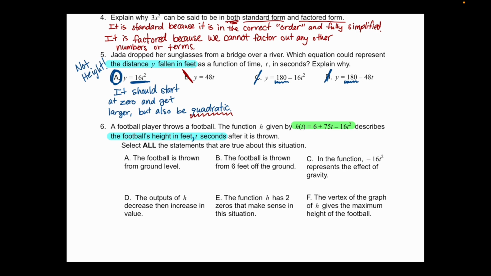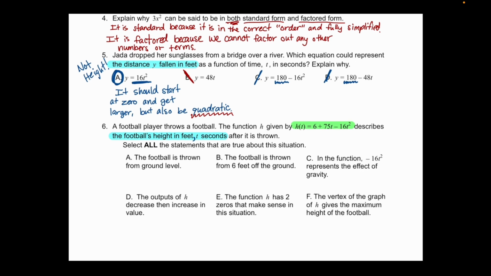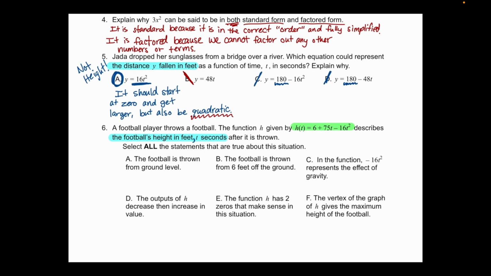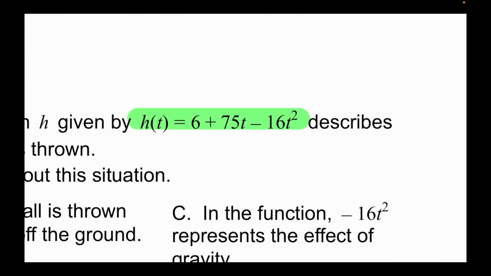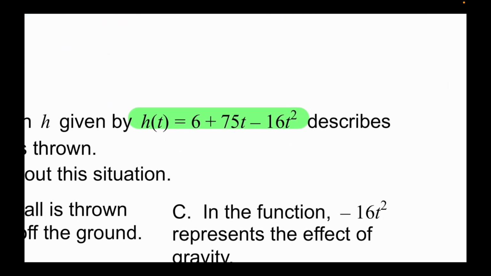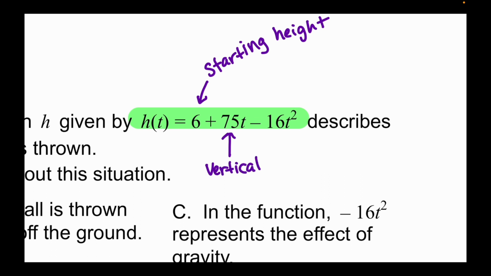So we want to figure out what is going on here. Let's look at our expression first and kind of narrow down what is happening. We know our constant term, this one here, is the starting height. We know that our linear term is the original vertical speed.